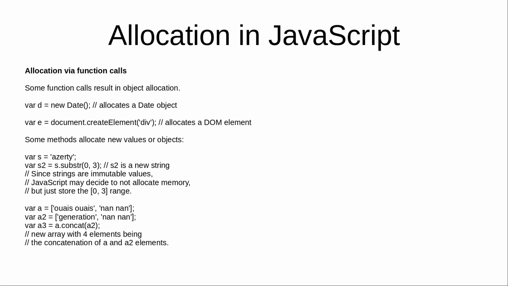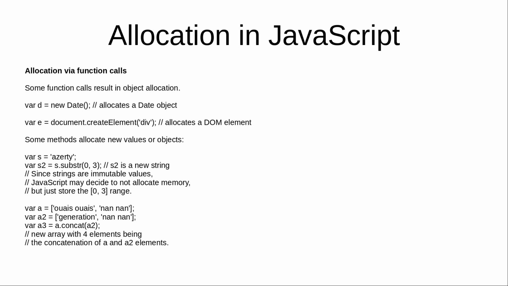For example, s is equal to 'azerty', it allocates a string, and if you are getting the first three characters from that string in a new string s2, it is a new string, so new memory is allocated for this string. Since strings are immutable values, JavaScript may decide to not allocate memory but store the 0-3 range.